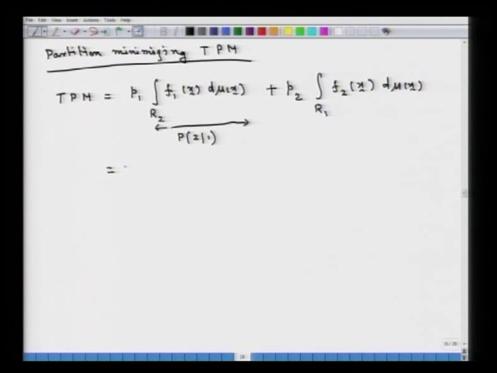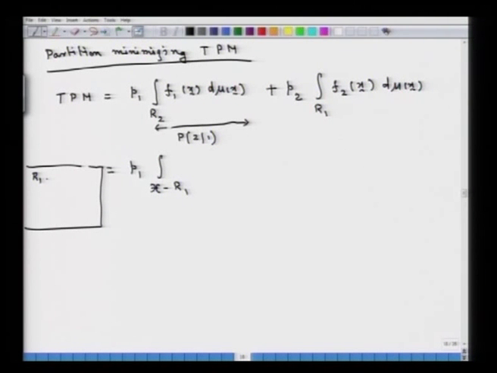Now, let us look at the following: this R2 region can be written as script X minus R1, because we remember that R1 R2 is a partition.